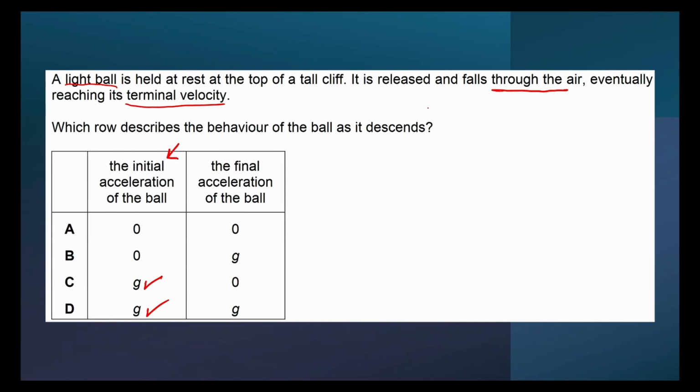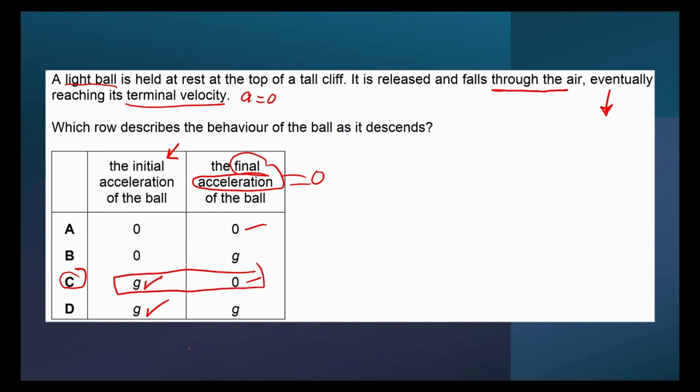Good. But they said here, eventually, finally, it reaches terminal velocity. This means what? This means the acceleration equals 0. So at terminal velocity, the final acceleration equals 0. Okay, so it is A or C, but we chose C before, so it is C.